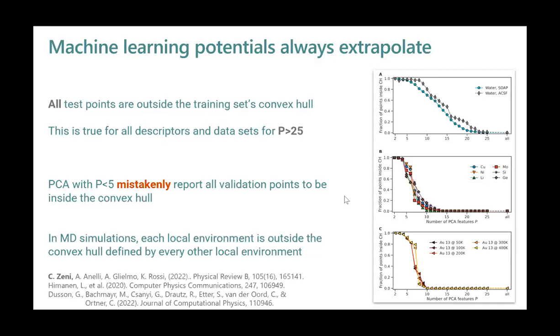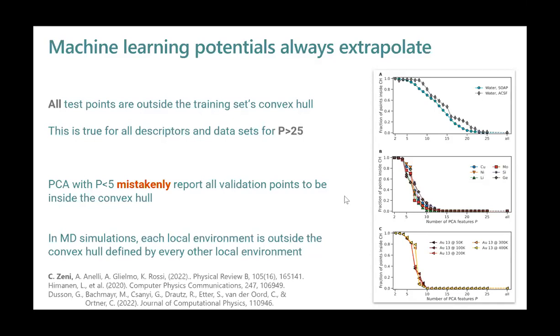Another observation you see from these plots: on the x-axis, we have the number of features we compress with PCA for the descriptors, and on the y-axis, we have the fraction of points of the test set that are inside the convex hull of the training set.